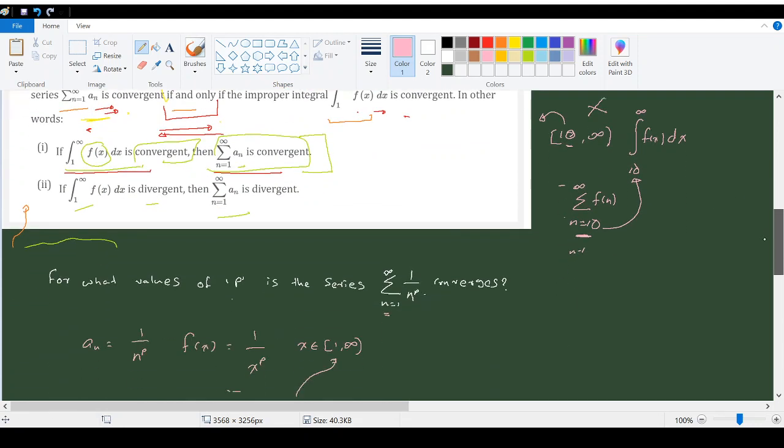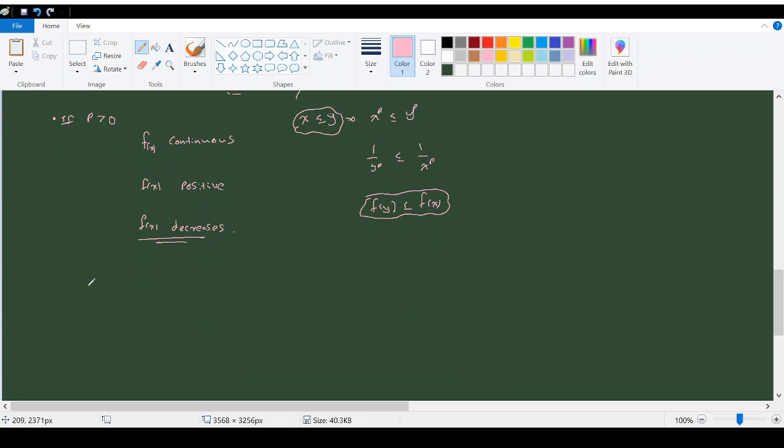Then we just have to consider the convergence of the improper integral of 1 over x to the power p. We specifically did this one when we were dealing with improper integrals, and we saw that this integral converges if p is greater than 1 and it diverges when p is less than or equal to 1.